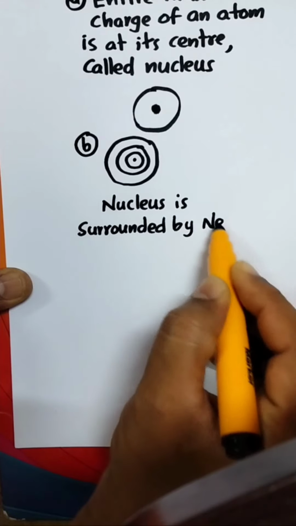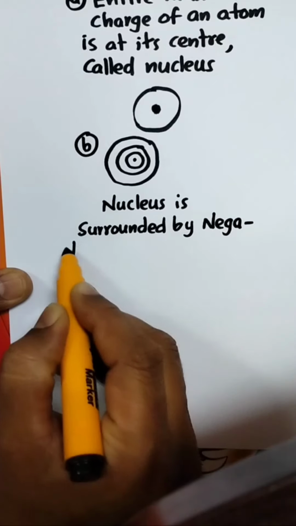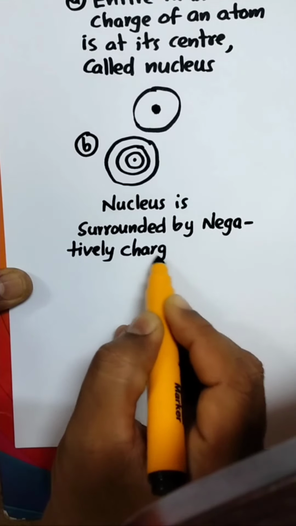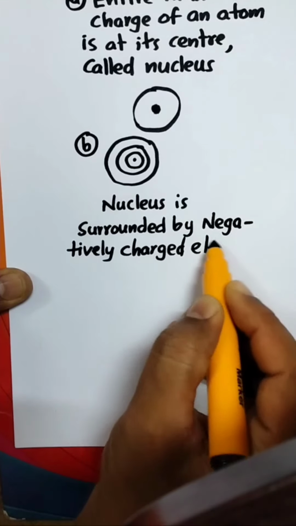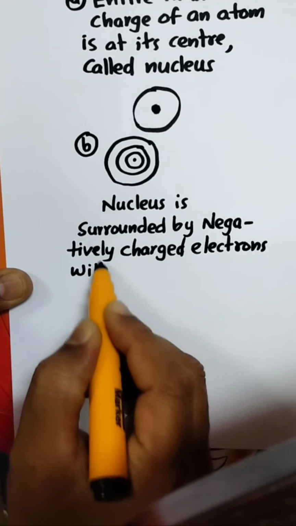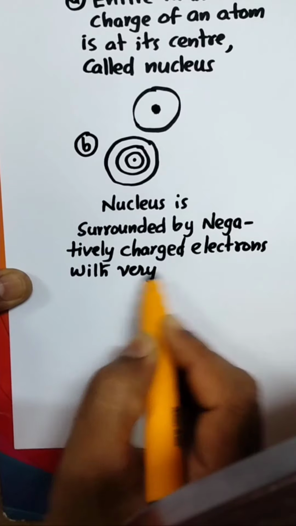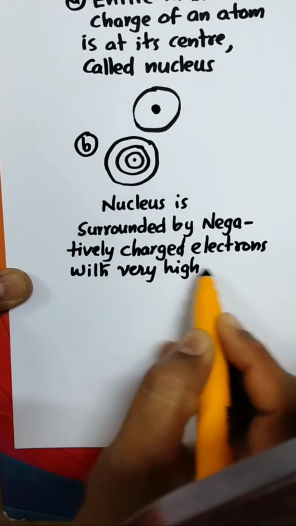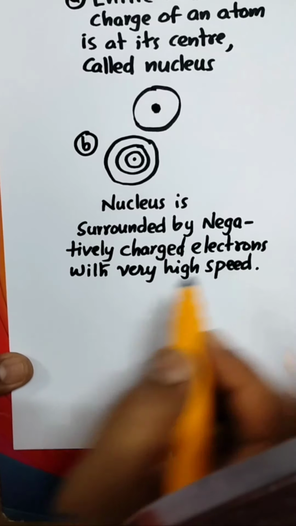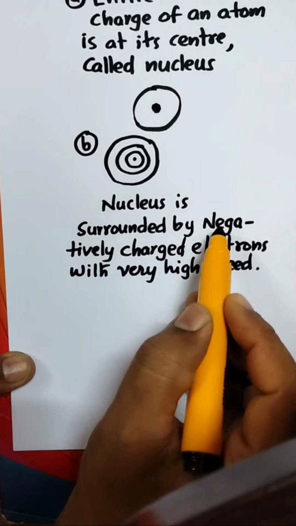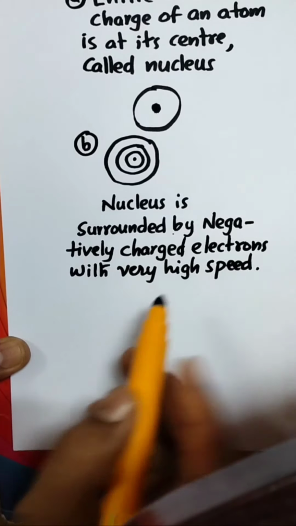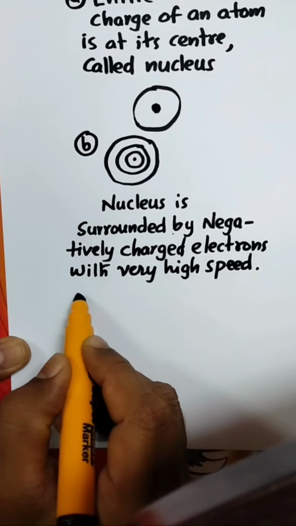Electrons are revolving around the nucleus with very high speed, and those electrons have negative charge.